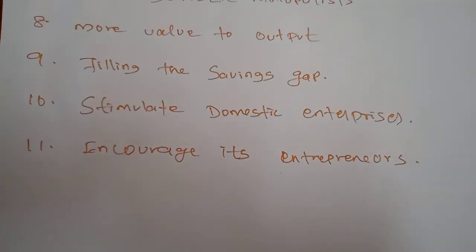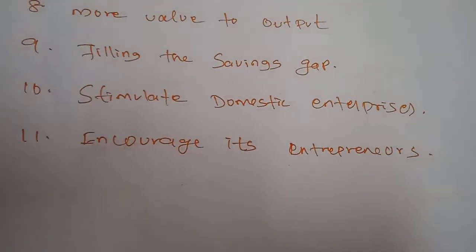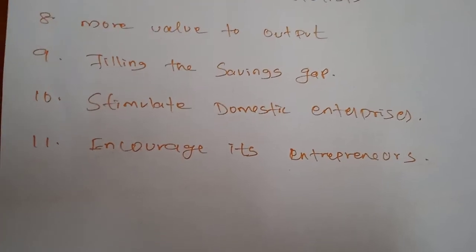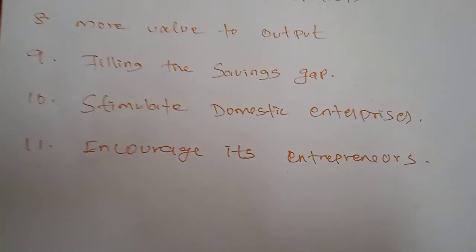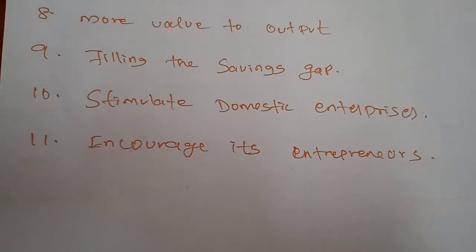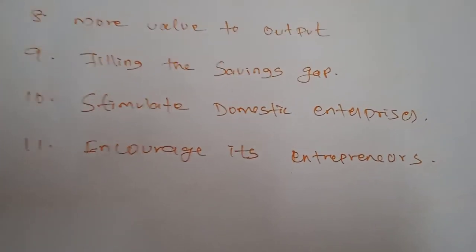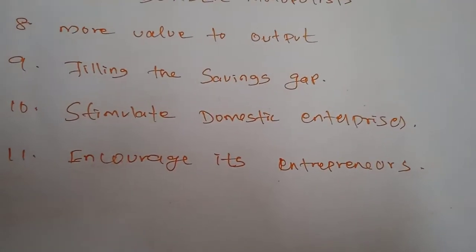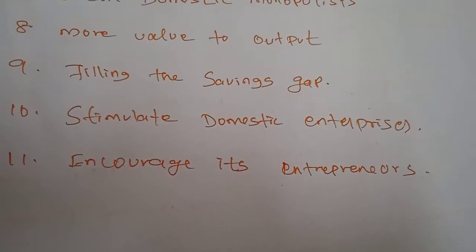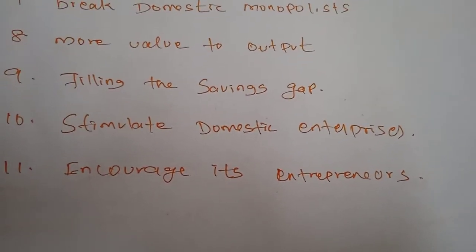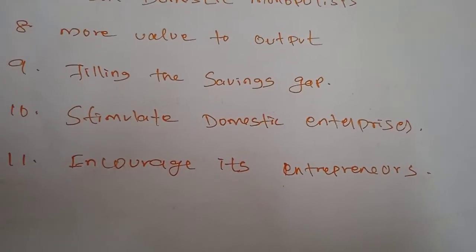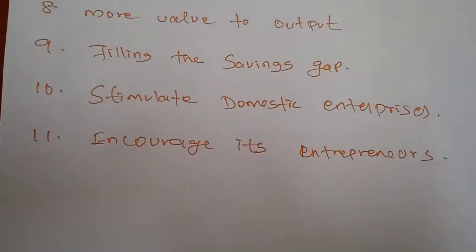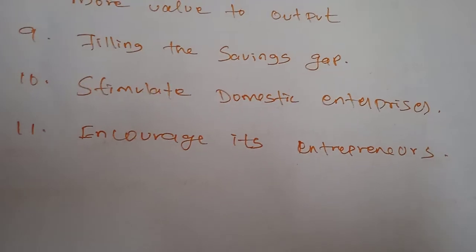So the domestic enterprises will also be stimulated by foreign direct investment, because before its arrival, the domestic enterprises had less stimulating power to increase their production. But after the arrival of foreign direct investment, the foreign investors increase their production level. So after understanding foreign direct investment, the domestic enterprises will increase their supply of commodities.